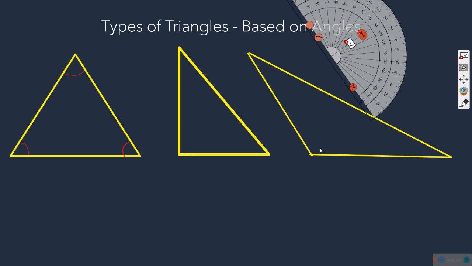That means these triangles have different measures to their angles. One thing we noticed, these have angles with measure less than 90 degree. Understood? Let me change the color of the pen.